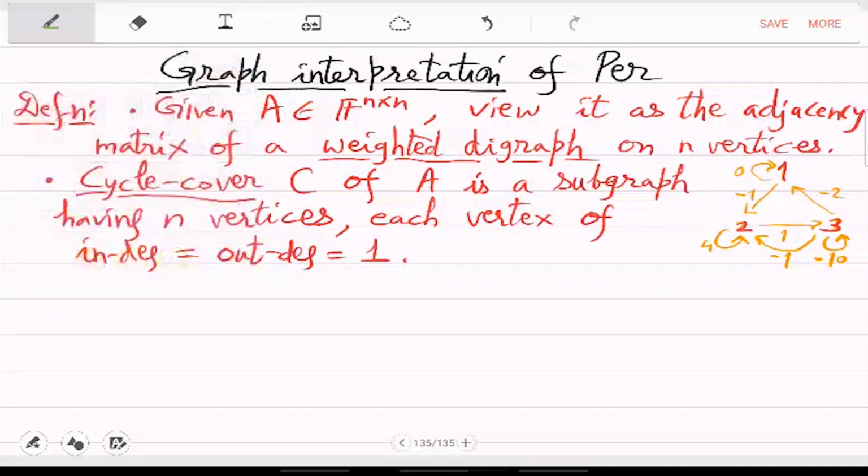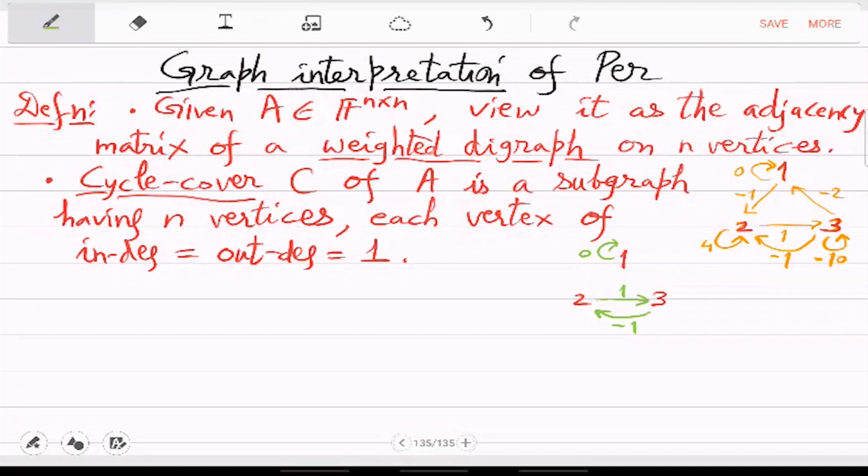So for example, there's the vertex 1, 2, 3, and the subgraph we are considering, of in degree and out degree 1, is: let's take the 0 loop on 1 and the 1, minus 1 loop on 2 to 3 and back.